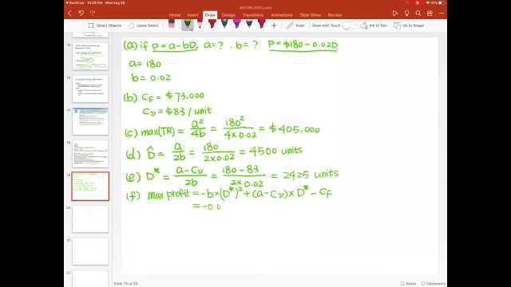So minus B is 0.02 times D star is 2425 square, plus A is 180, C lowercase v is 83 times D star, 2425, minus CF, 73,000.